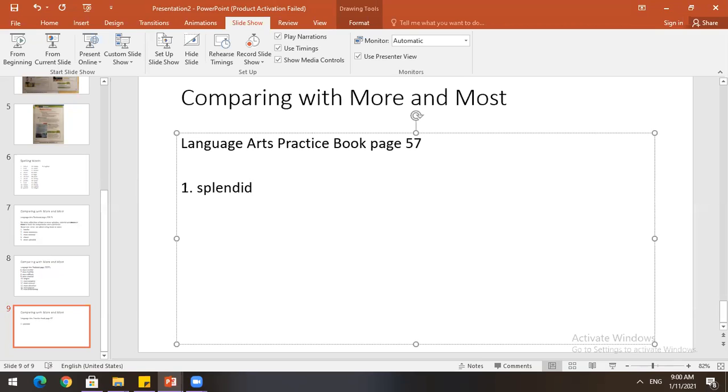So if we have two things being compared, and if we have three or more, how would we write this word? Do we add ER? No. So we must write more splendid or most splendid.